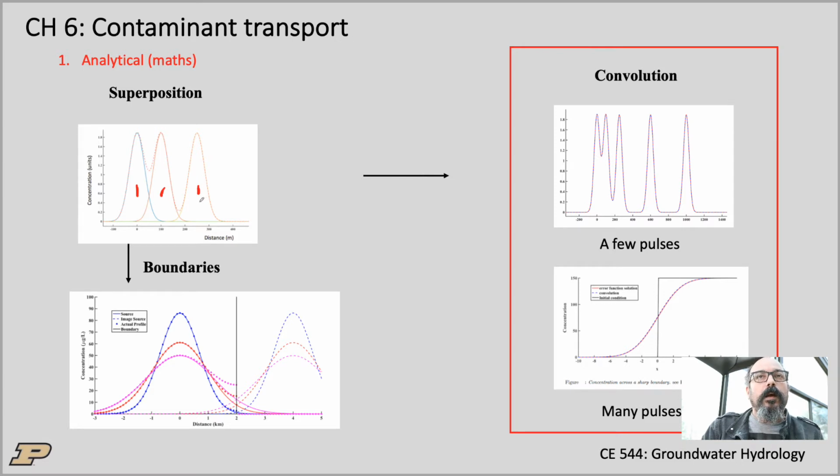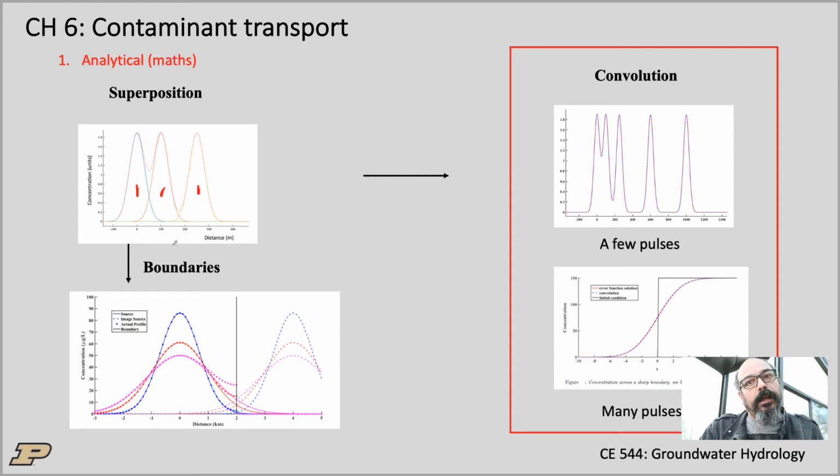We can use our Gaussian solution to calculate the blue line, the orange line and the yellow line independently. So we can calculate the solution for each of those sources or pulses, and then just sum them up to get the dashed red line, which is the solution for all 3 together. Really important: if you have multiple things, you can just calculate them independently and sum them up, just like we did for the wells.